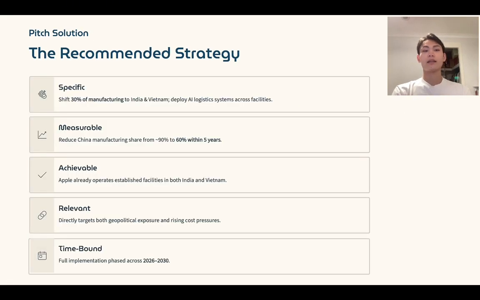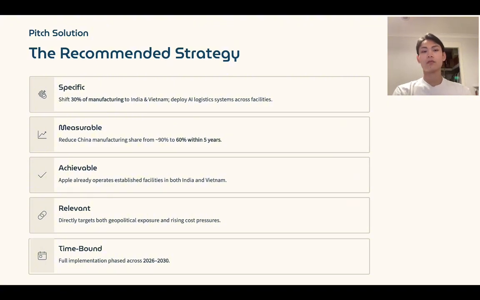The recommended smart strategy is to shift 30% of Apple manufacturing to India and Vietnam while introducing an AI logistics system between 2026 and 2030. It is specific because it clearly defines the actions, and it is measurable because China's manufacturing share would reduce from around 90% to 60%.